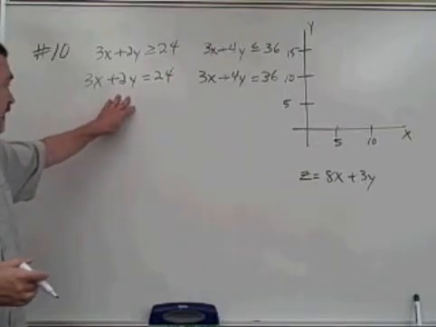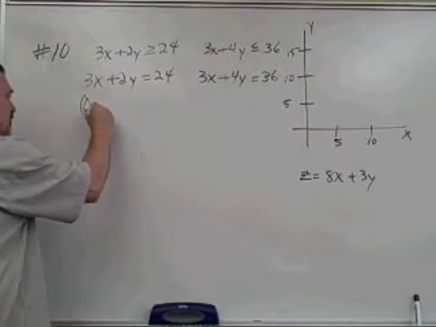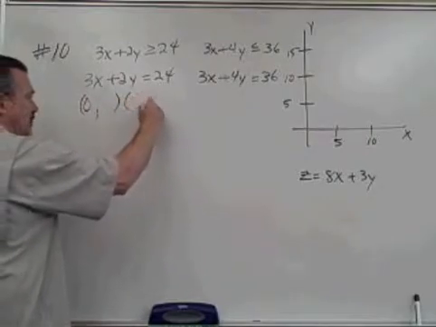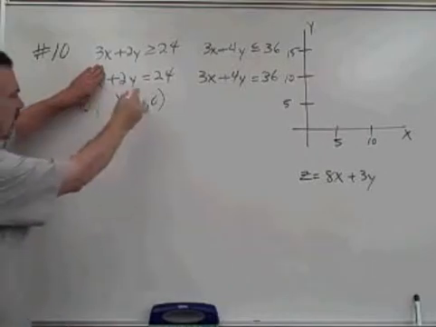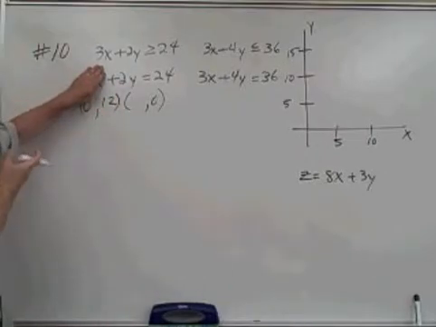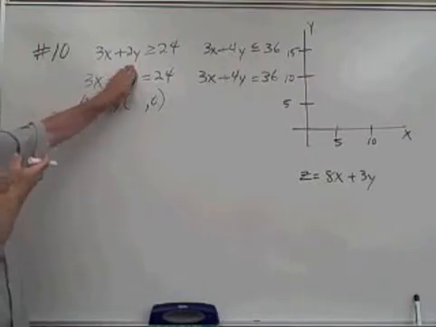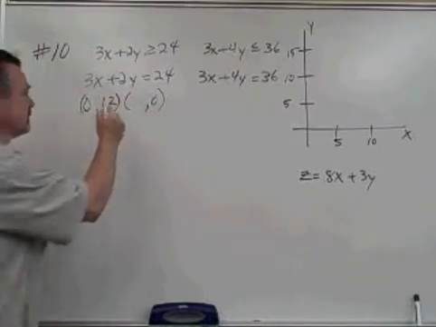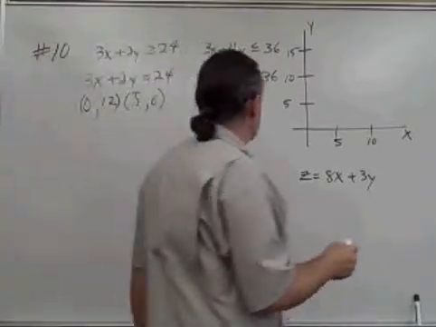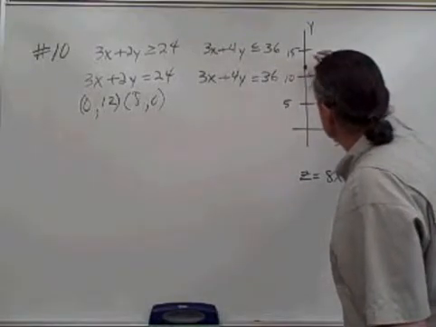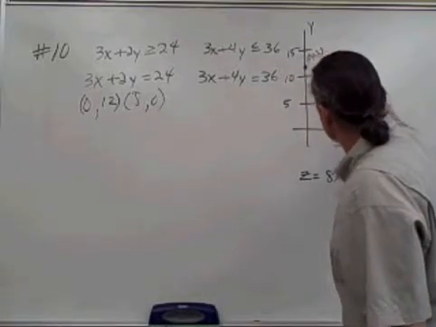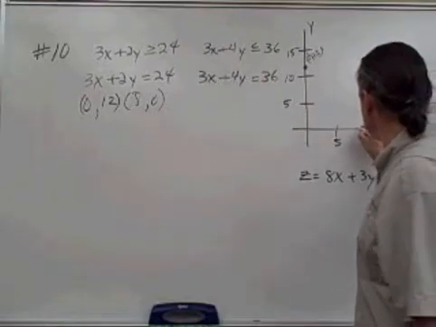Let's get our intercepts again. Let's let x be 0, and then we'll let y be 0 to get our two intercepts. If x is 0, doesn't y have to be 12 to make 24 on the left side? Or if y is 0, would x have to be 8? So I have the point 0, 12, and I have the point 8, 0.